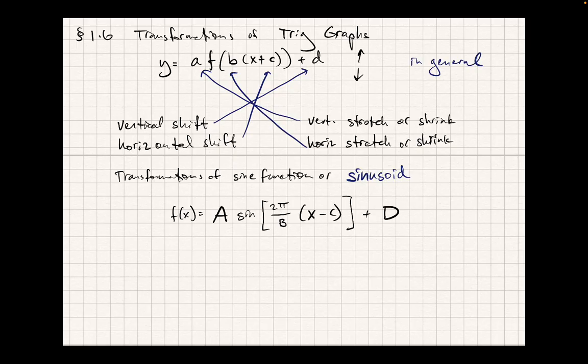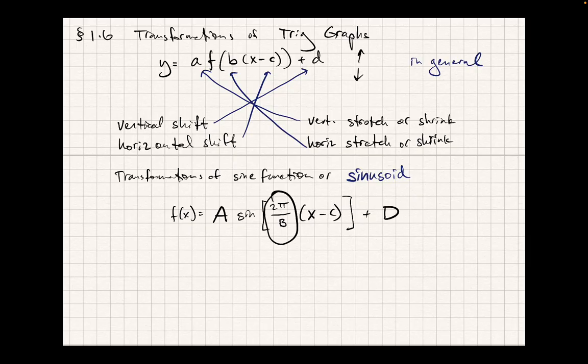In my opinion it's better to write it with minus. It's not wrong to write it with a plus, but it's confusing because a larger C moves it left, a smaller C moves it right. If I write it with minus, then a larger C moves it right, smaller C moves it left. So I'm going to leave my minus C down here for that same reason. That's just true in general.